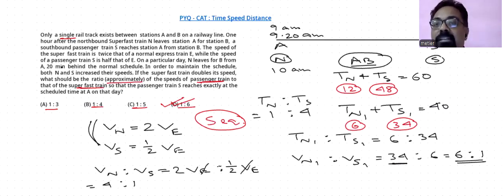So the first part of all the ratios will be less than the second part of the ratios given in the options. 1:3, 1:4, 1:5, 1:6. None of the options will be 6:1, 5:1, 4:1, 3:1 type. So obviously, if you are getting 6:1, you can easily search for 1:6 in the options, because higher speed will go to the superfast train and lower speed will go to the passenger train for sure. So your calculation is not wrong, but you have to maintain the proper sequence.